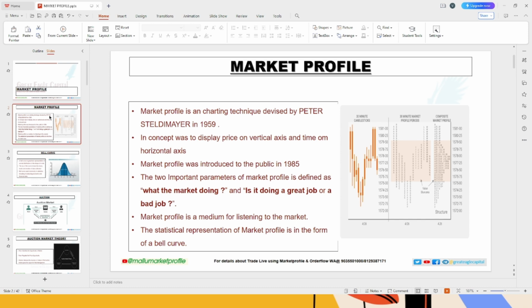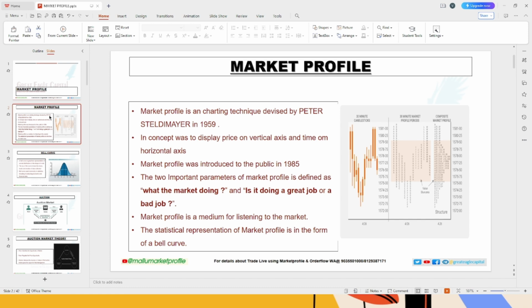So when he noticed this, he came to know that he could create a new charting method. He started developing a new charting method called market profile, which is called a time price opportunity chart.